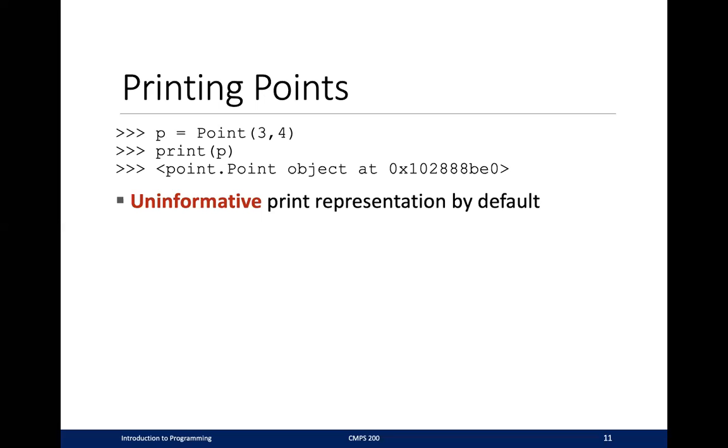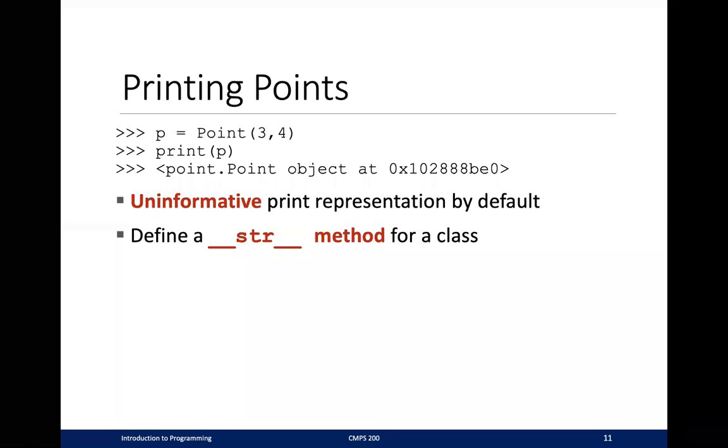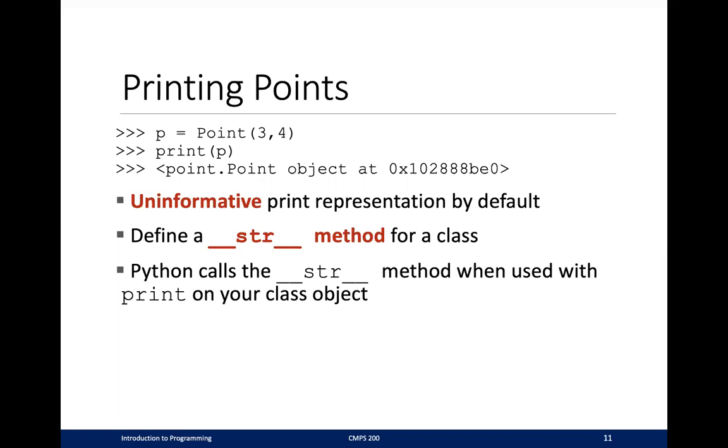We wanted ideally to print something interesting, like the x coordinate and the y coordinate of the point. So this is uninformative. In every class, you can define a special method called __str__. Similar to __init__, it's a special type of function. Once you define this method, it will be used when you call print.